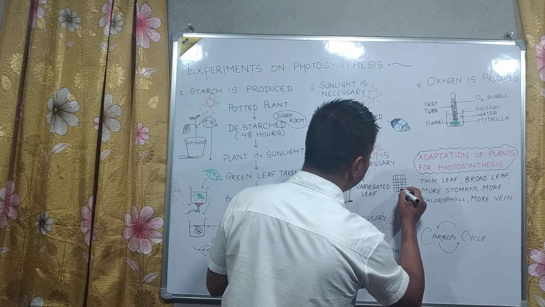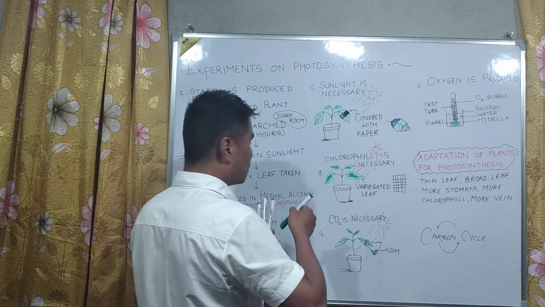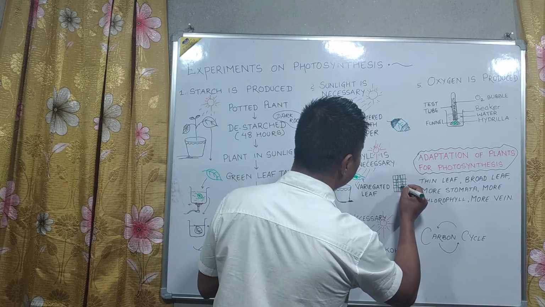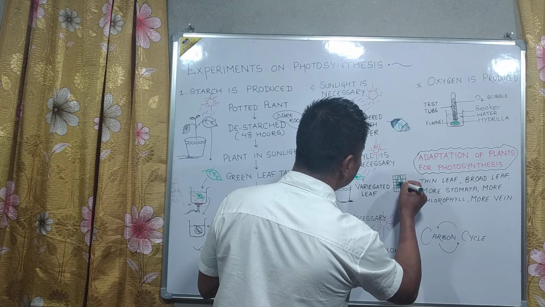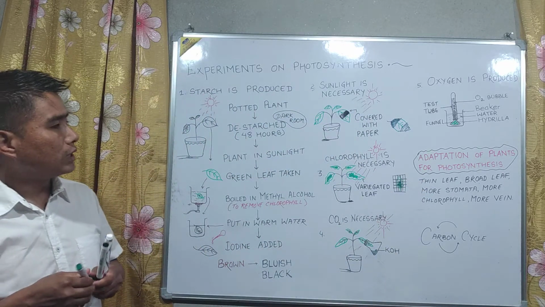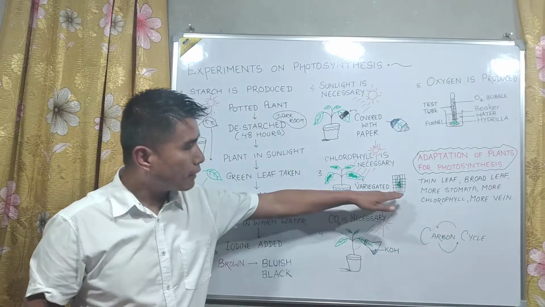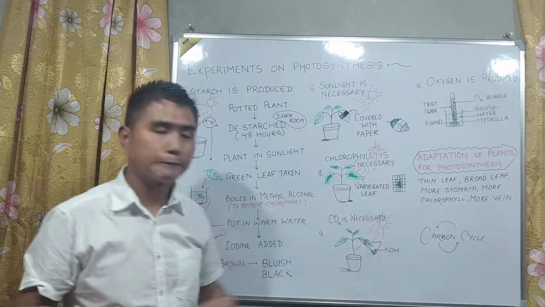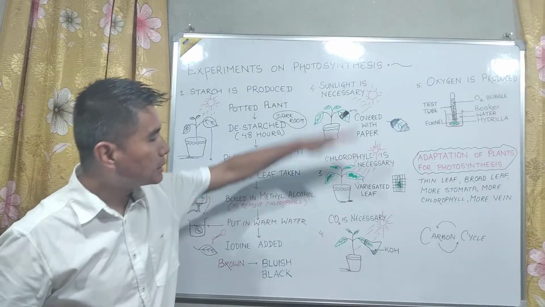A leaf is drawn on a graph paper to mark the positions of the green portion. Then the plant is kept in sunlight.